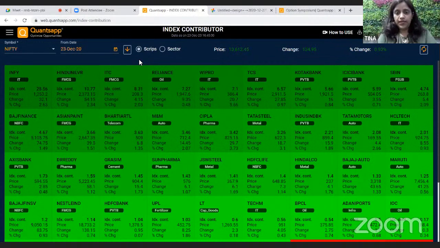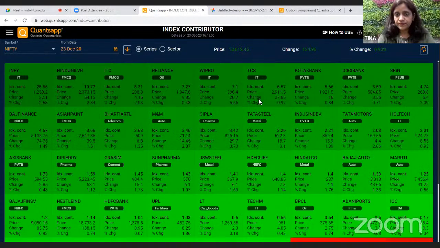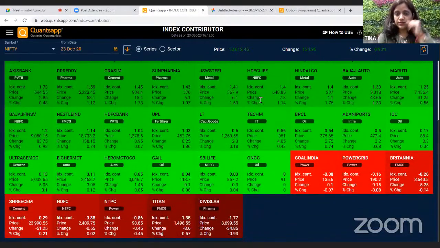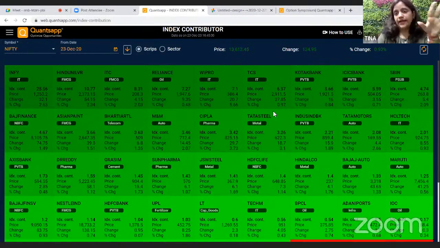Today, we were up 125 points, but it was broader participation. We had Infosys, Lever, ITC, FMCG contributing. On the draggers, we had Divis Lab, Titan, NTPC, HDFC. So it was a broader move, which gives us relief. Had it been just one or two stocks, it would be difficult to digest. Had that stock not performed, the scene would be completely different, right?